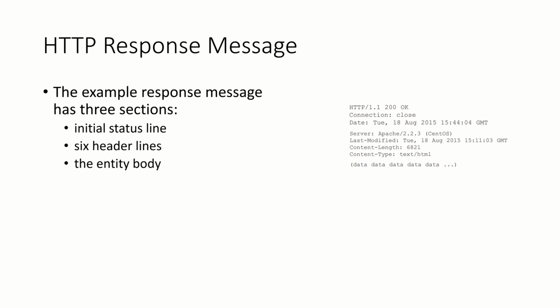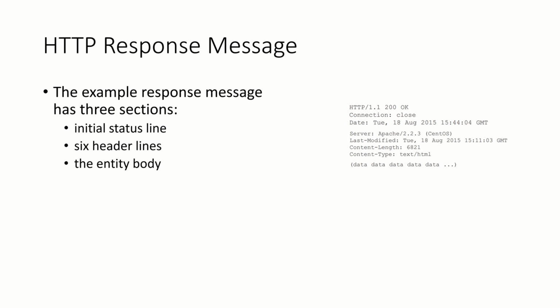On the right, the connection header line tells the client that it is going to close the TCP connection after sending the message. The date header line indicates the time and date when the HTTP response was created and sent by the server.